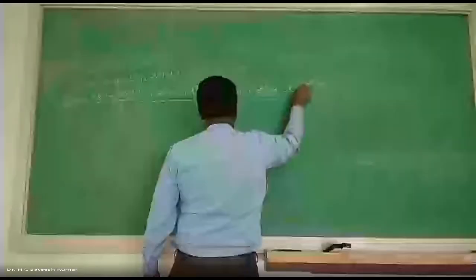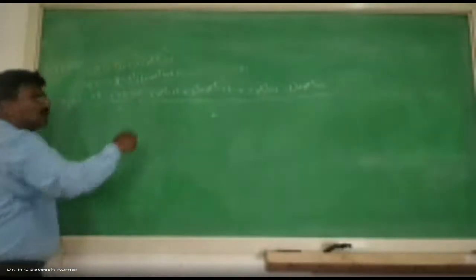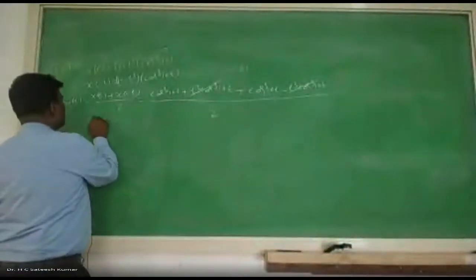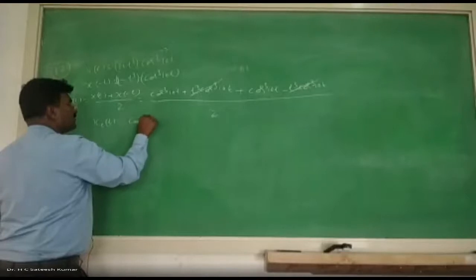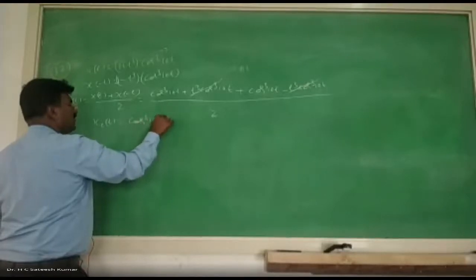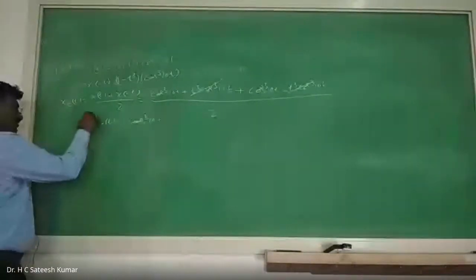So this t cube term gets cancelled. Then what will you get? Cos cube 10t plus cos cube 10t, 2 cos cube 10t divided by 2 gets cancelled. What will you get? xe of t is equal to cos cube 10t. Once you say that cos function is symmetrical about the origin, therefore it is the correct answer.